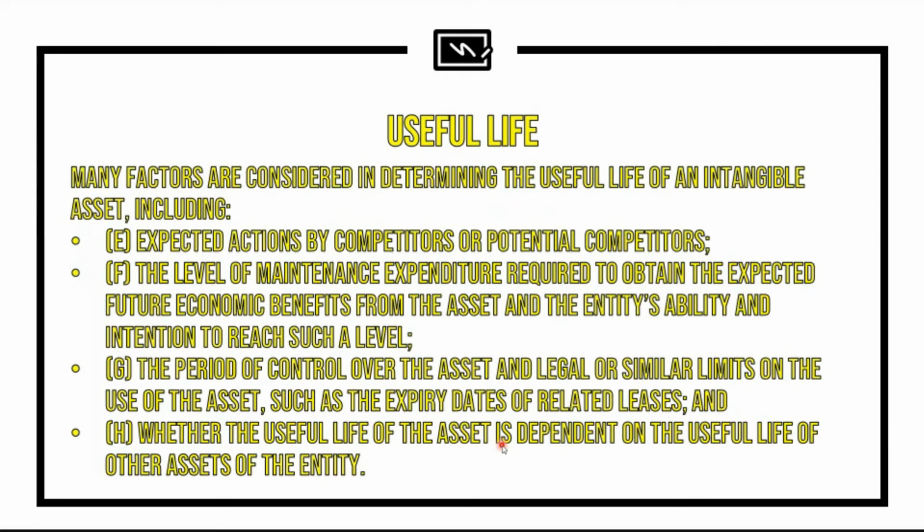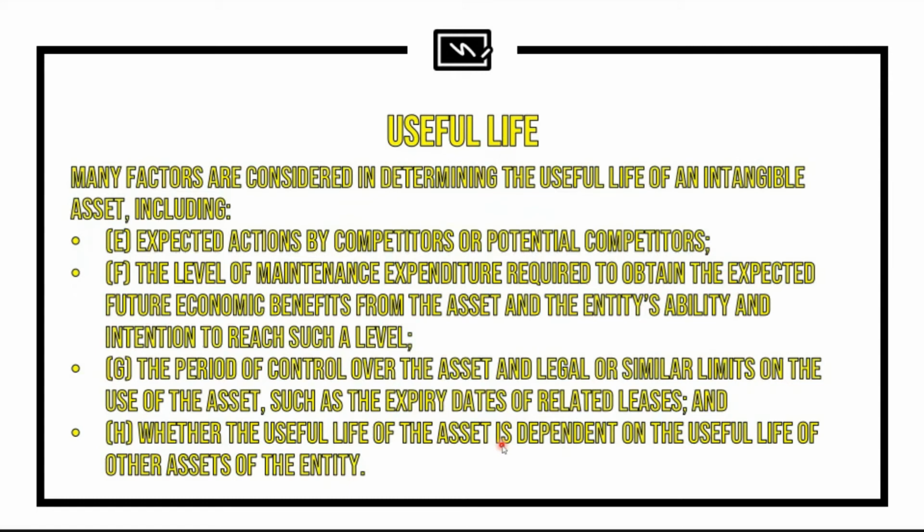Okay? Letter F, the level of maintenance expenditure required to obtain the expected future economic benefits. Because in this case, if the cost is already too much as compared to the economic benefits, then it is not practical to continue using the intangible asset already.